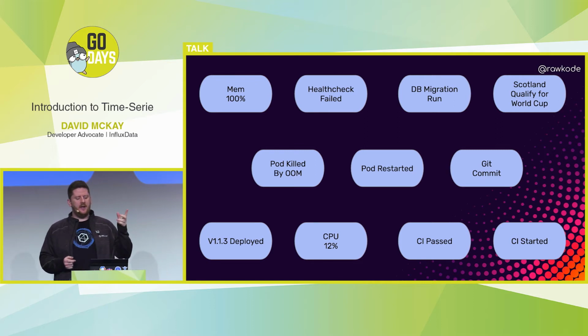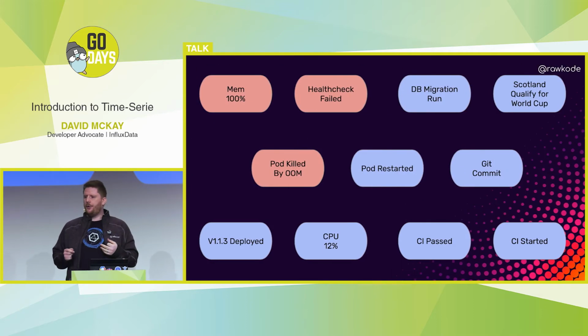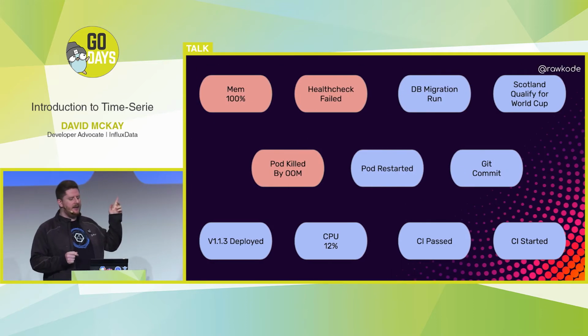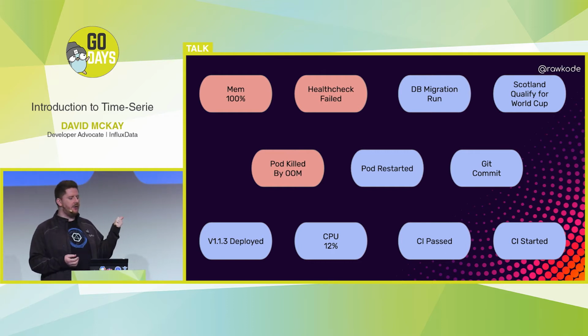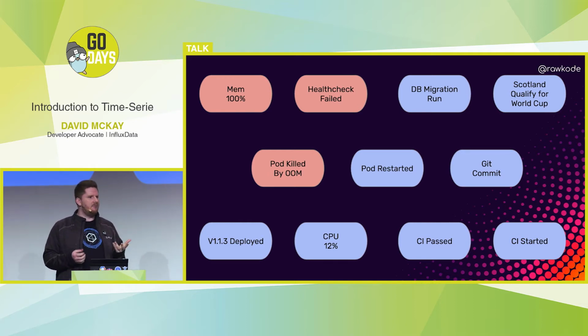We have a health check failing, database migration runs, and a few other things. What's important here is that the bits highlighted in orange are things that would actually be a cause for concern. When I see memory at 100%, or a health check failing, or pods being killed by the OOM, those are things that I consider relatively dangerous.